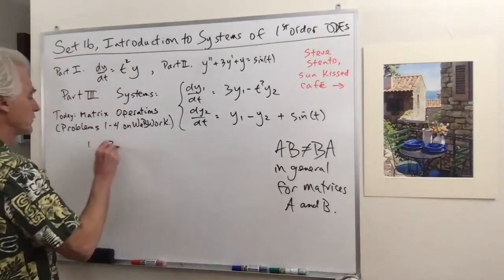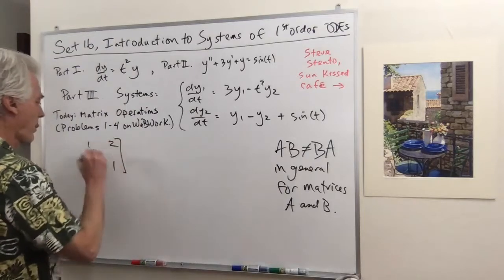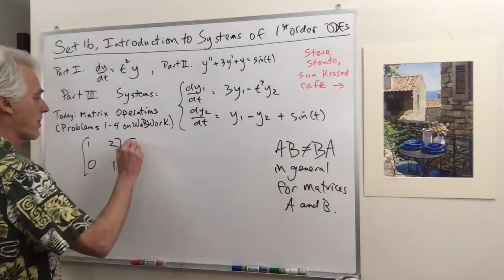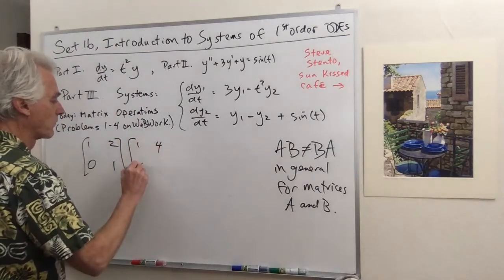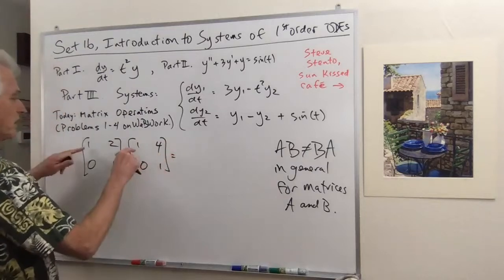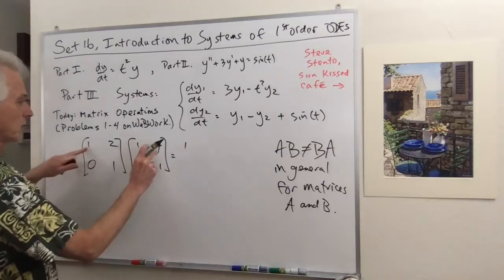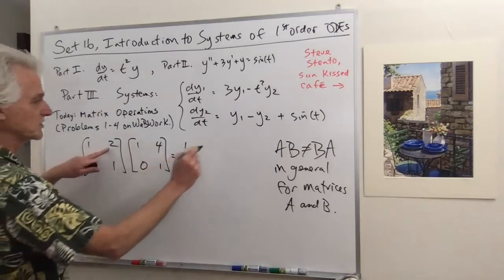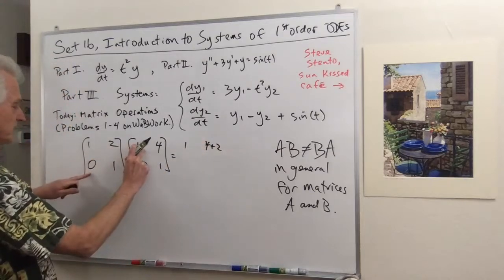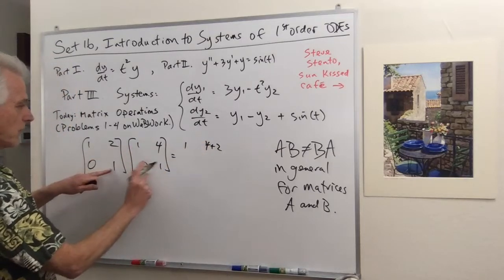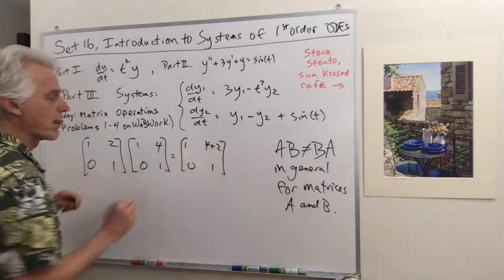I do 1, 2, 3. No, let's not do 1, 2. Let's make it 0. Okay. What is this? That's 1 plus 0. Okay, 4 plus 2. Using my rule, I do the multiplications, not additions. That's going to be 0 plus 0. That's going to be 0 plus 1. Okay.